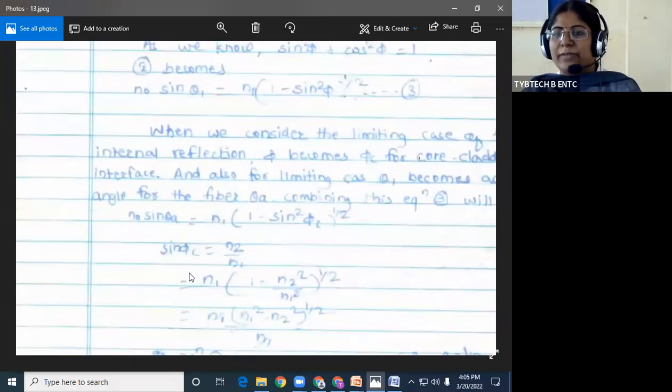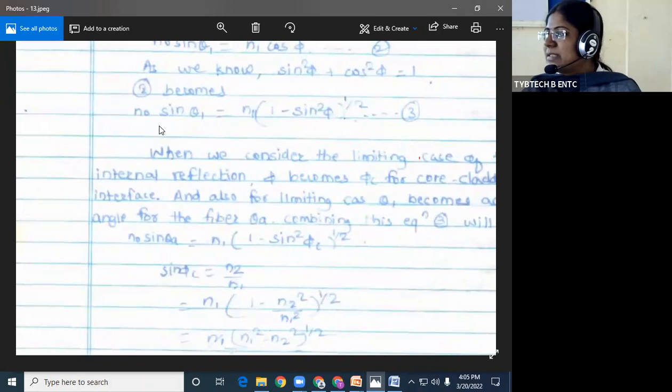लेफ्ट हँड साइड इट इज सेम. n0 sin theta 1 is equal to इथं काय आलेलं आहे n1 in bracket 1 minus sin square phi c and bracket raised to 1/2. इथं बघा sin square phi c ला कशाने रिप्लेस केलं आपण. See this one. Sin phi c is n2 by n1.